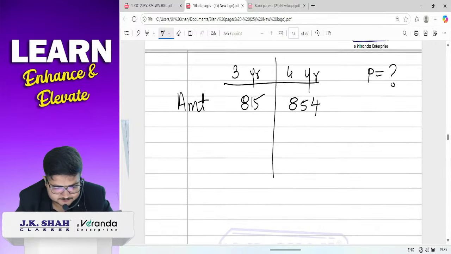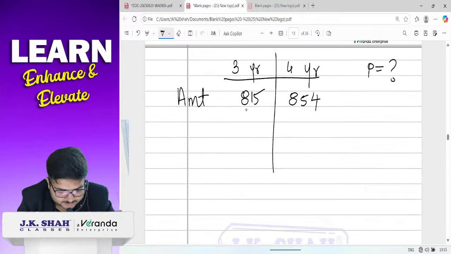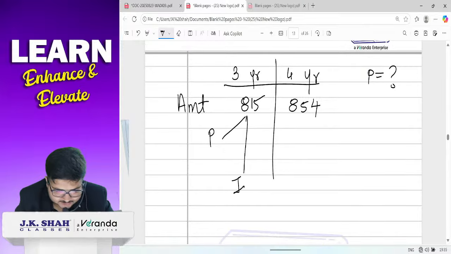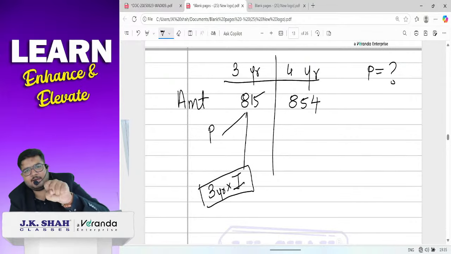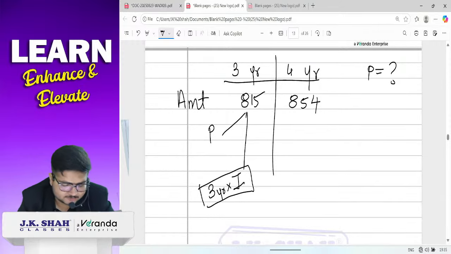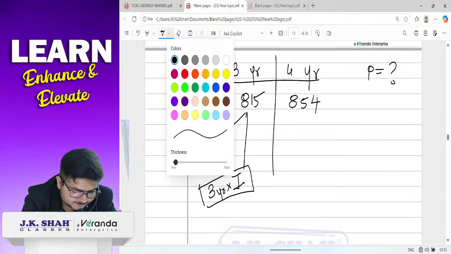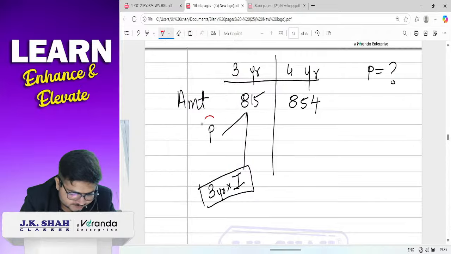Please pay attention. This amount includes both principal and interest. But this is the 3 year amount, so principal plus 3 years' interest is included. I have to find this principal.